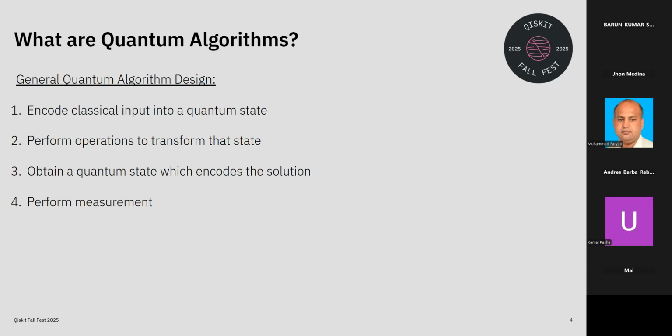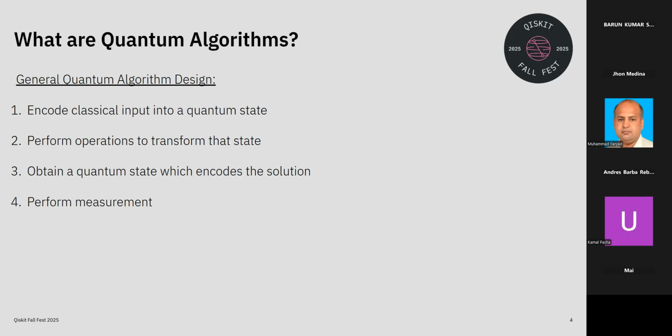Oftentimes we're taking a classical data set or a classical input and encoding it into a quantum state. That's the first step. This quantum state typically uses the properties of superposition to take advantage of the exponential state space that superposition provides for us. Next, once we have our input encoded into our quantum state, we perform a series of operations on them in order to transform that state and obtain a quantum state that encodes the solution.